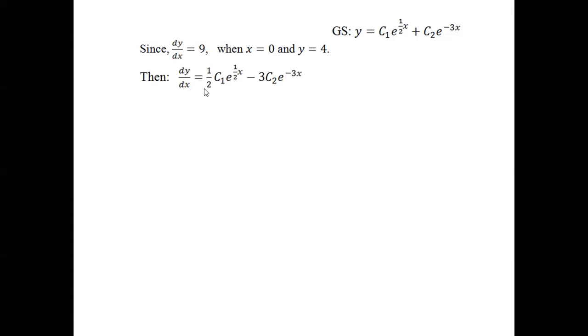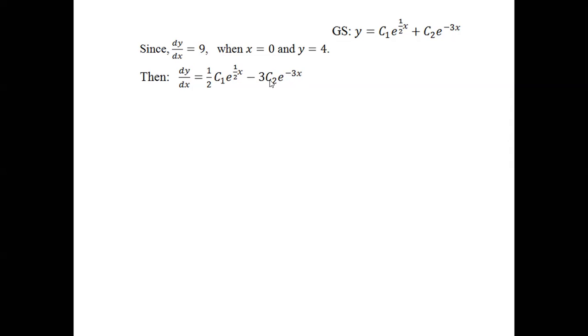So dy over dx, differentiating half x will remain with half, so that half multiplies with everything. So this is how come we have a half here. Then c1 e to the power half x minus, there is a minus 3c2 e to the power negative 3x, because when you differentiate negative 3x, you remain with negative 3.